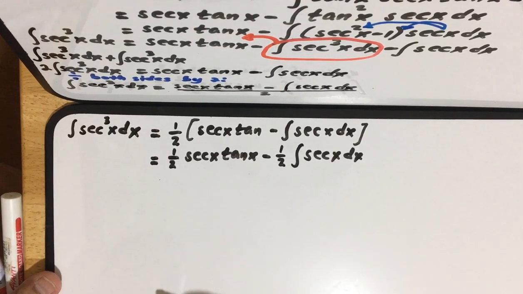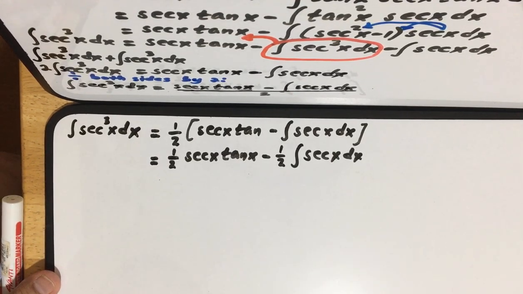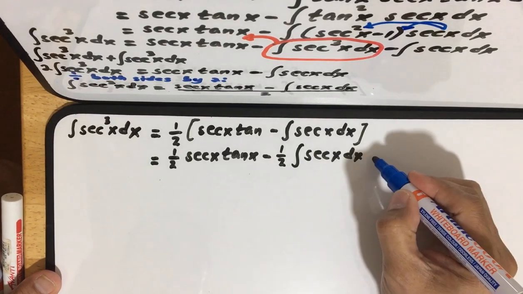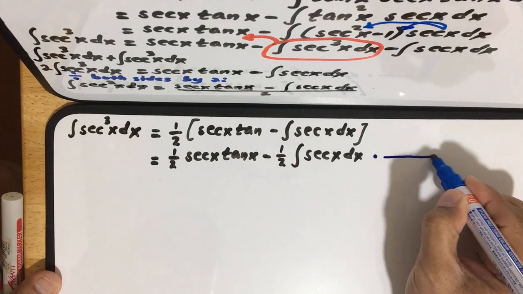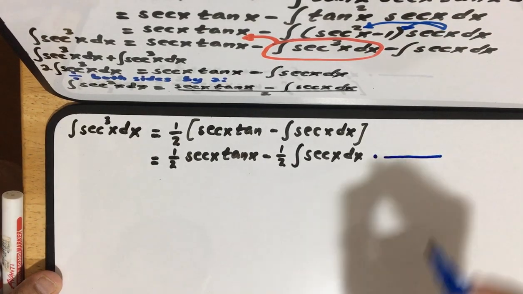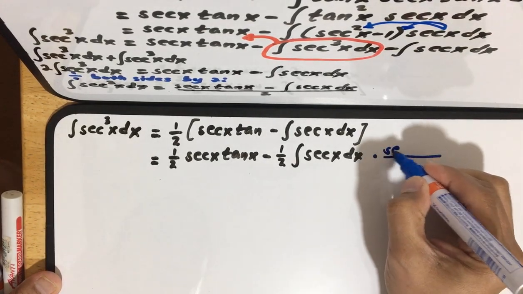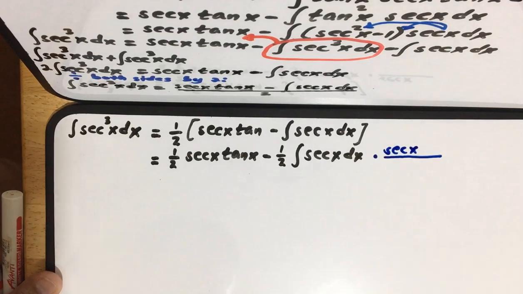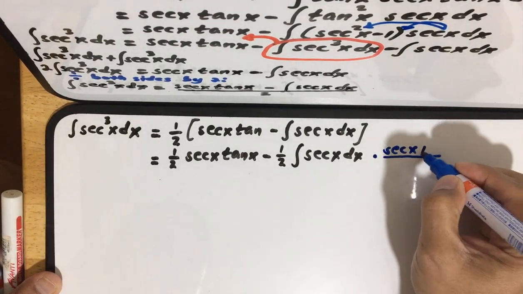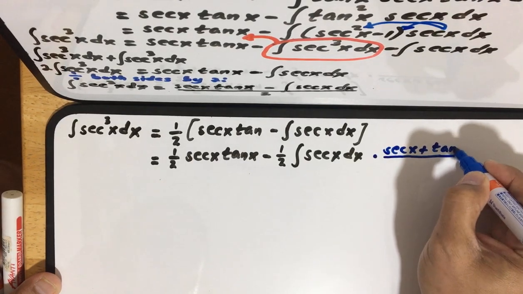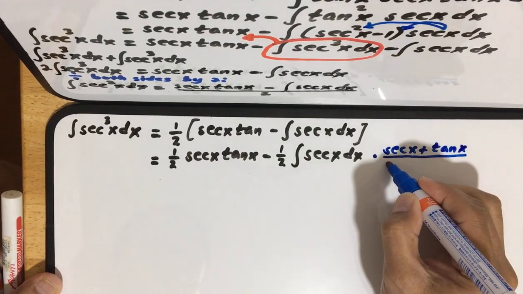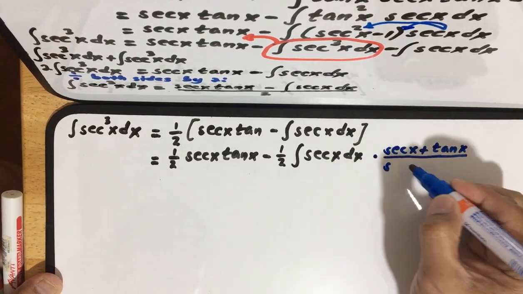From here, we are going to multiply both the numerator and the denominator by the ratio secant x plus tangent x. So you're changing the expression now.